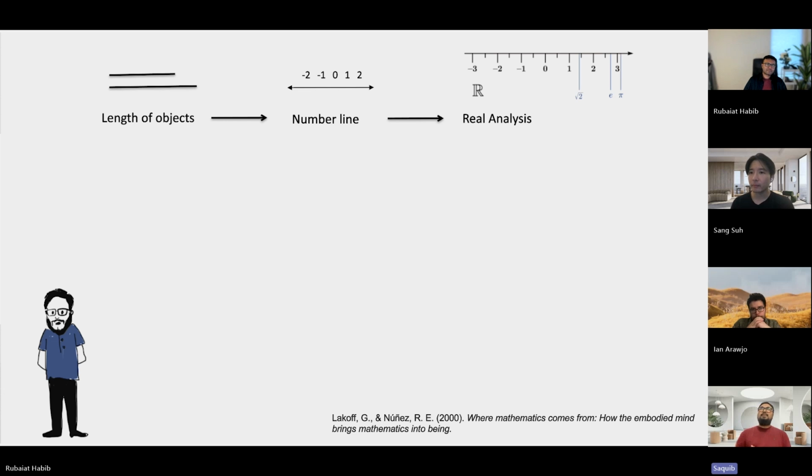And eventually these layers of metaphors give rise to more complex mathematics. So for example, take a fundamental cognitive ability like the length of objects: we can discriminate between different lengths of objects, and they show how that gave rise to the model of a number line, and how eventually that gave rise to real analysis in math, right?